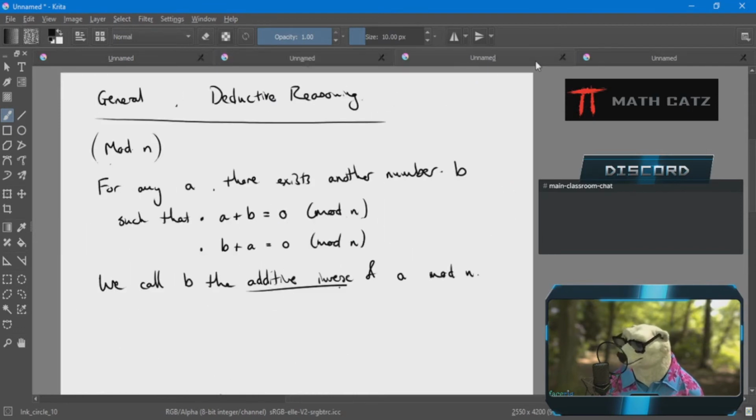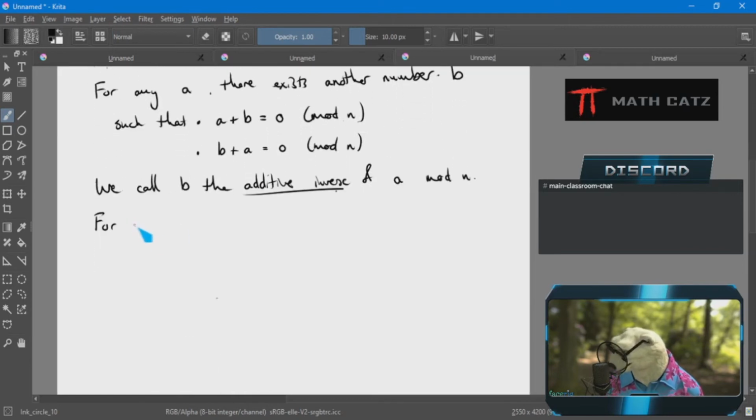I don't have a specific number in mind. But I know this other additive inverse number is always there. So for convenience, when something's so closely connected to the original, we want the name to be very closely connected to the name of the original as well.